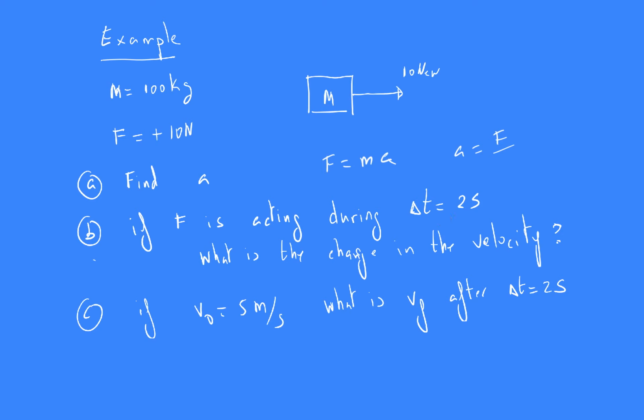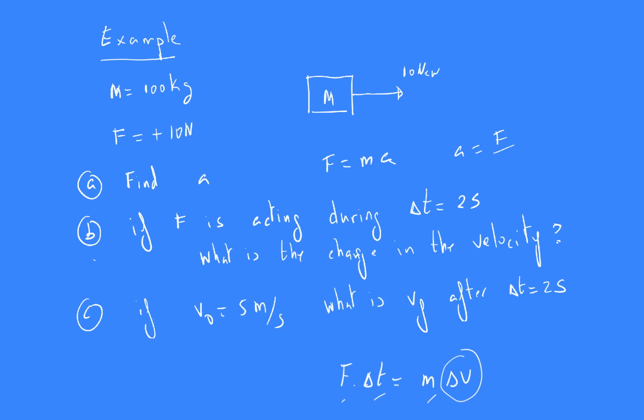Wow! So you will rewrite this equation: force times delta t equals m times delta v. What is being asked is the change in the velocity. I know the force, I know the time, I know the mass.